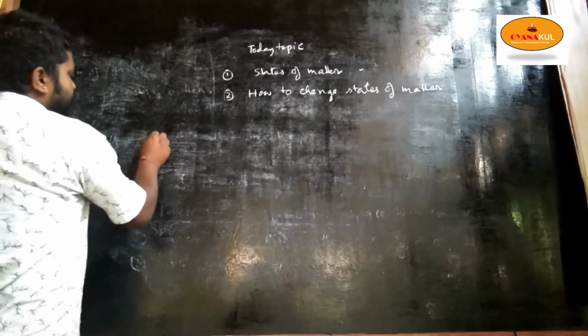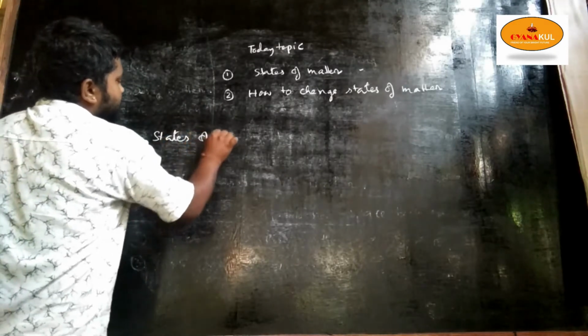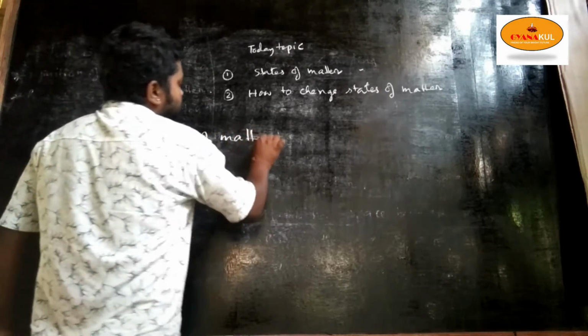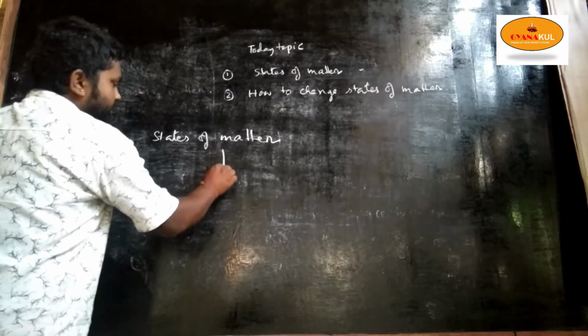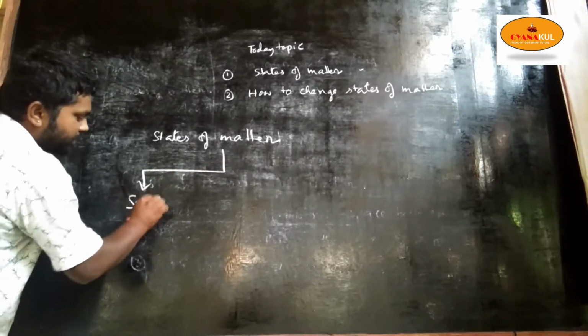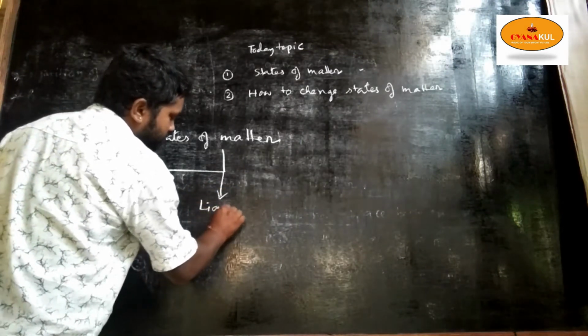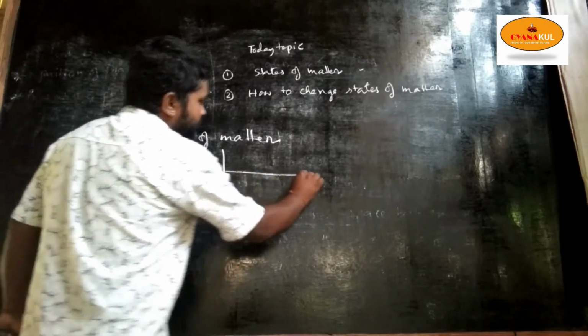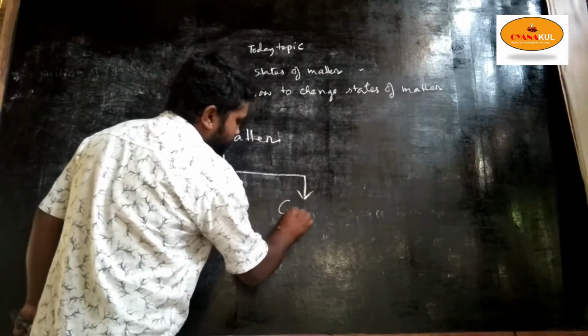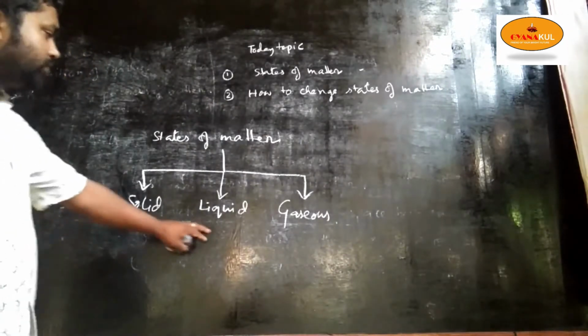If you say states of matter, there are mainly three states. One is solid, other is liquid, and other is gaseous.